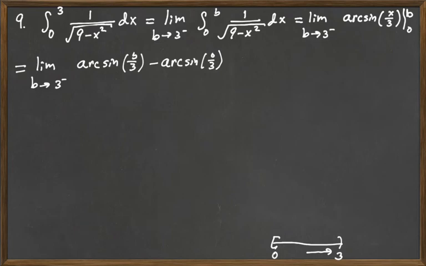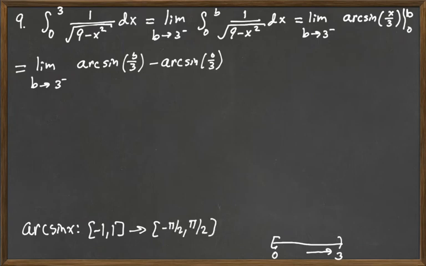Okay. Now, we're okay plugging in 3. It's going to be slightly less than 3. Remember the domain of the arc sine: arc sine of x takes numbers from -1 to 1 to negative pi over 2 to pi over 2. So that's its restricted domain.